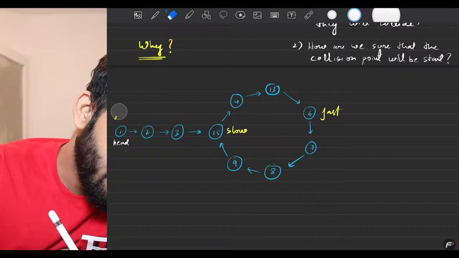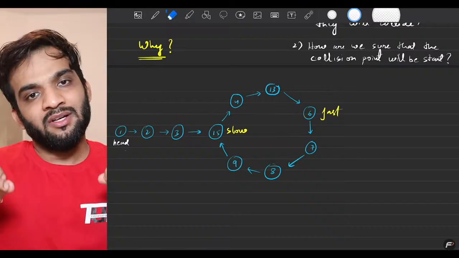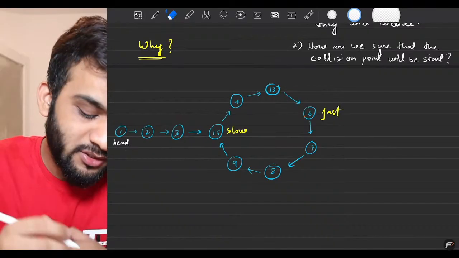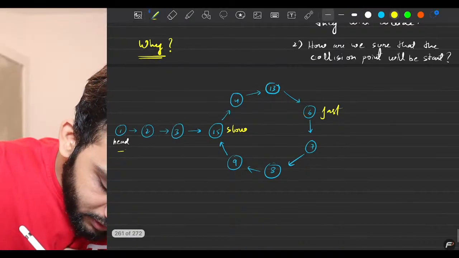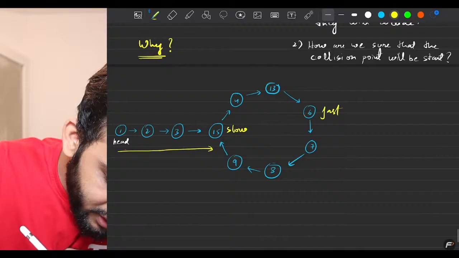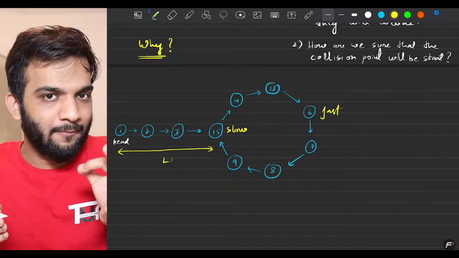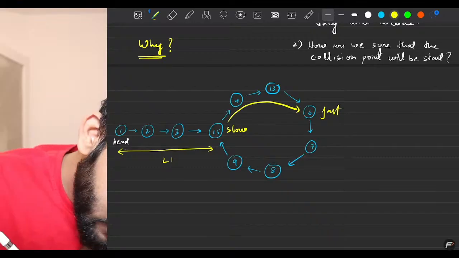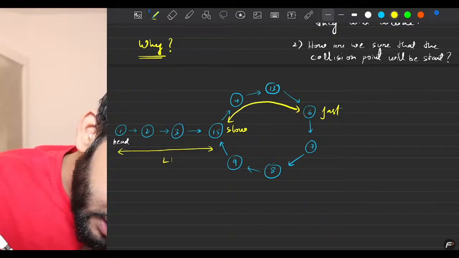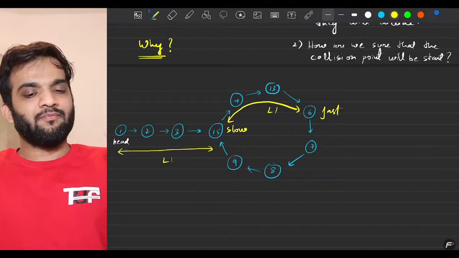Step 1, understood. The point to observe here is, if this distance is 3, let's assume this to be L1, from head to starting point, this is also 3, which is the starting point to the initial position of the fast pointer.